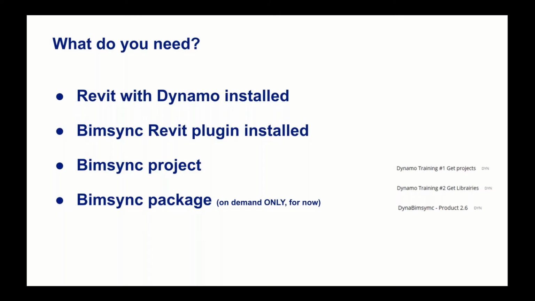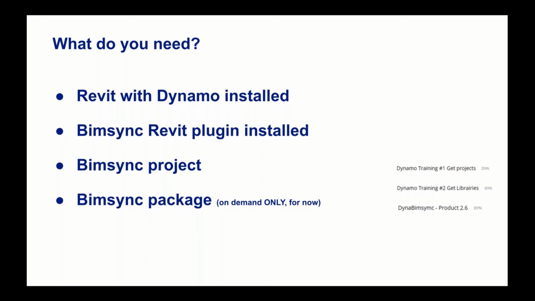You also need the Revit plugin installed, because today that's how we identify you as a user in your Bimsync account. And of course, you need access to a Bimsync project, and you also need the Bimsync package that I will show you just after. It's on demand only, so you need to reach out to us, and we provide it to you.